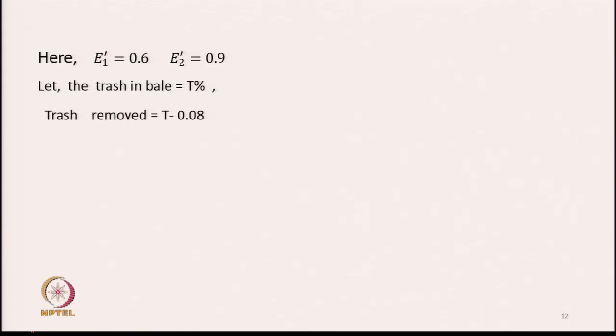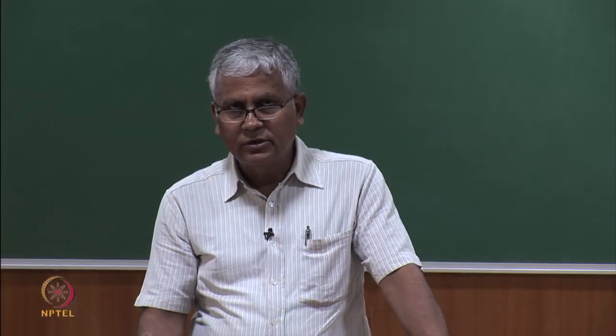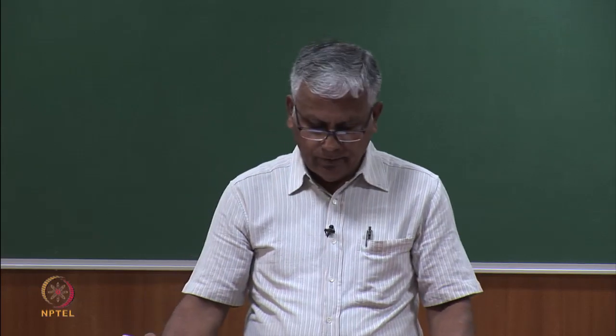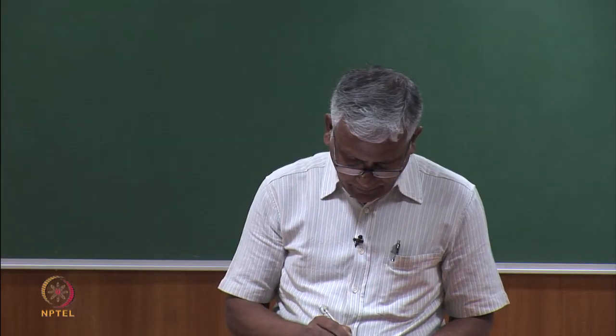E2 dash is 90 by 100, that is 0.9. Let us say the trash in the bale is T percentage, which is unknown to us. This is the input trash. Trash in the output material, that is card sliver, has been given, which is 0.08%. So, the trash that has been removed by the 2 machines is T minus 0.08. We do not know the value of T as of now. Okay.